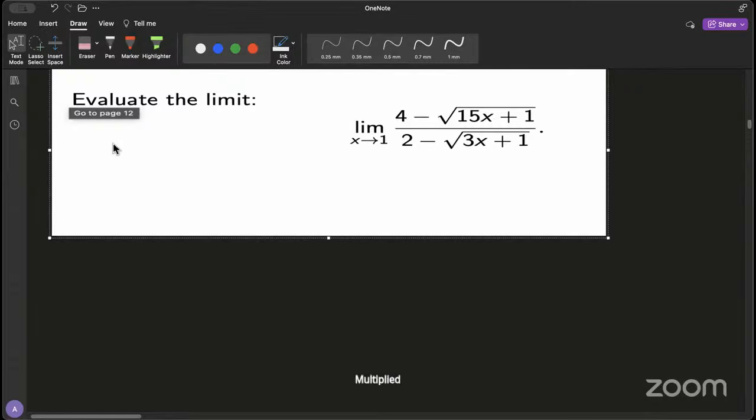Multiply by 4 plus root of 15x plus 1 over 4 plus root of 15x plus 1. Solve this and let me know what answer you are getting.